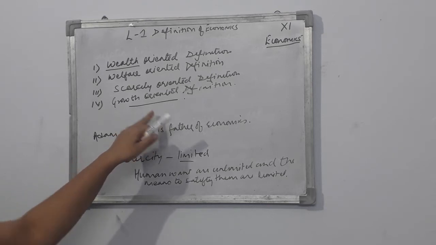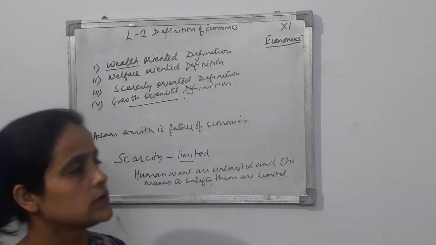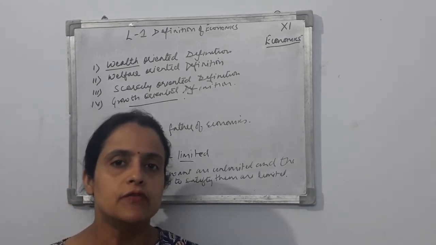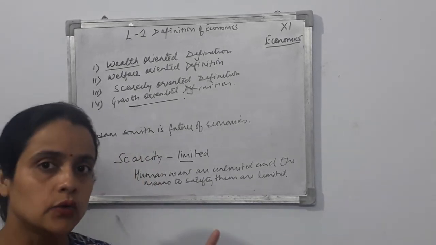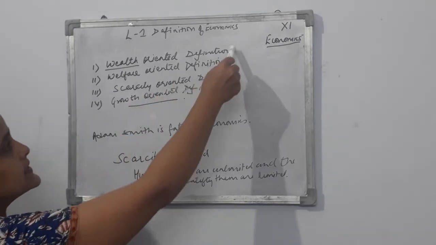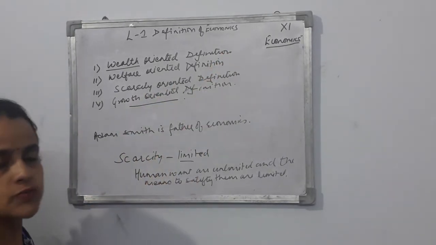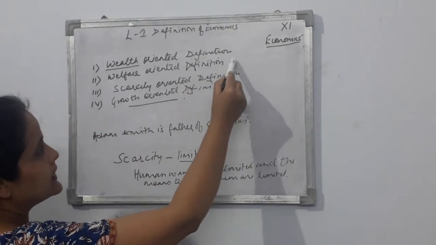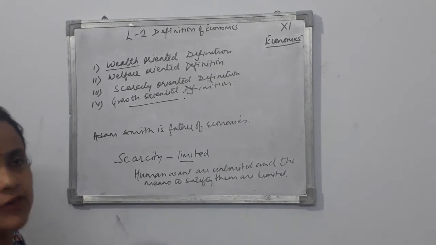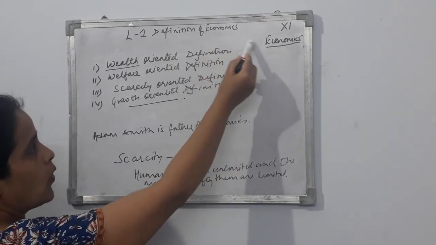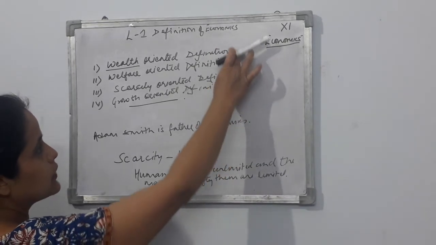He talked about different kinds of problems in this part of the definition, problems which are to be solved with the use of scarce resources so that the nation grows. So the first definition was given by Adam Smith, who was the father of economics, which is a narrower definition, and the welfare definition was given by Alfred Marshall. All four are interconnected, but these are the narrow definitions.